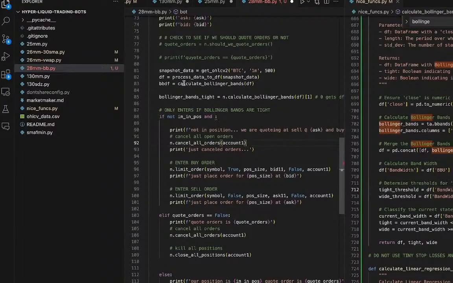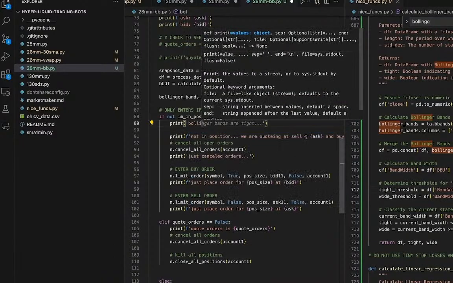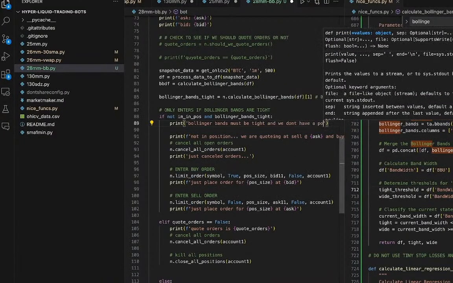So this will say Bollinger Band is, and then let's print and see if we have a position.